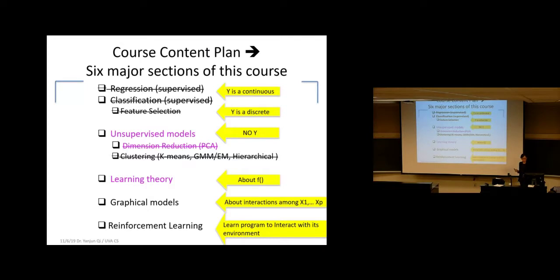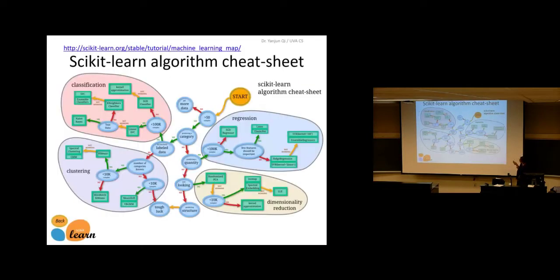our content too. So you should read this cheat sheet more carefully, because almost every algorithm covered in this cheat sheet we already covered. I'm going to talk about each module or each big category in detail later.